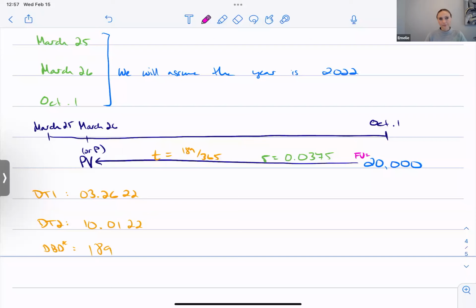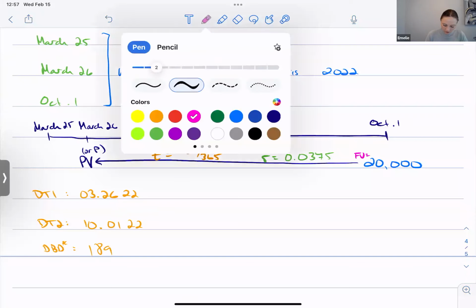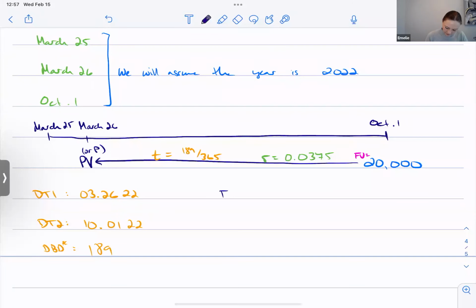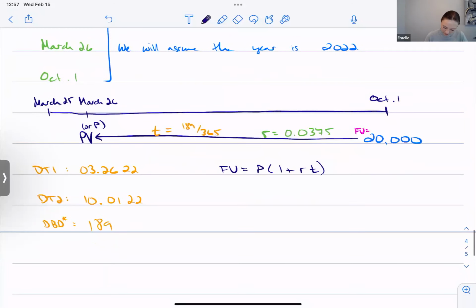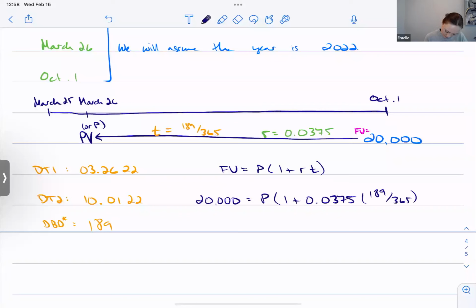Anyways, the future value is P times 1 plus R times T. So now I have 20,000 as my future value. I'm trying to solve for P times 1 plus 0.0375 times 189/365.